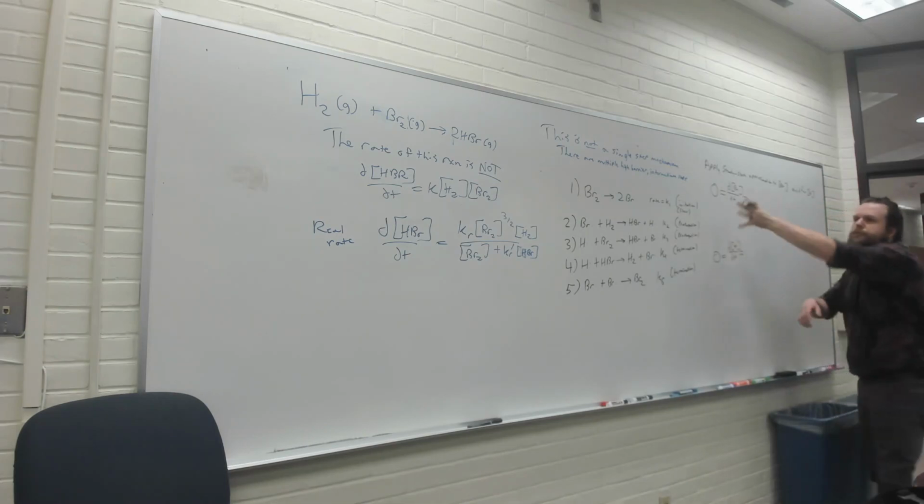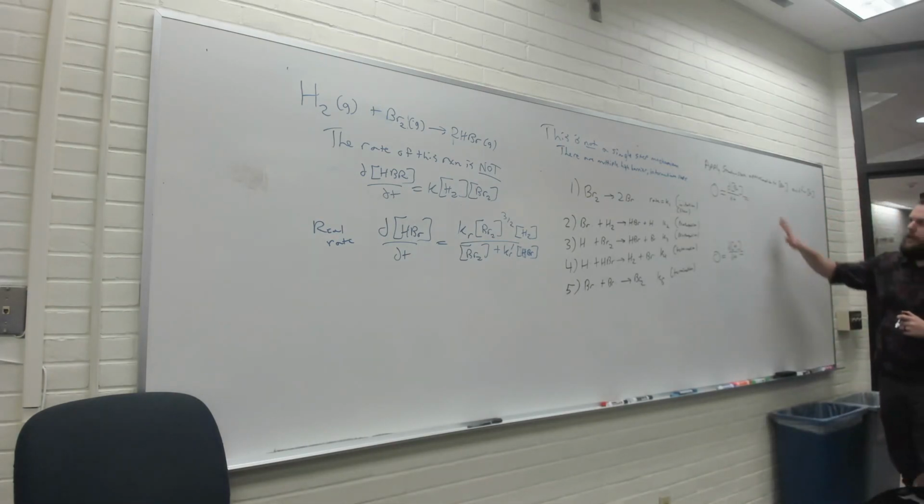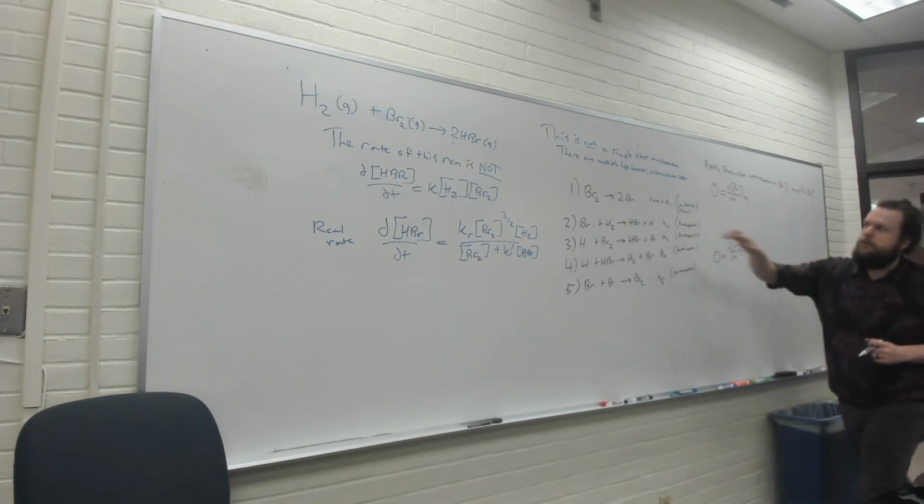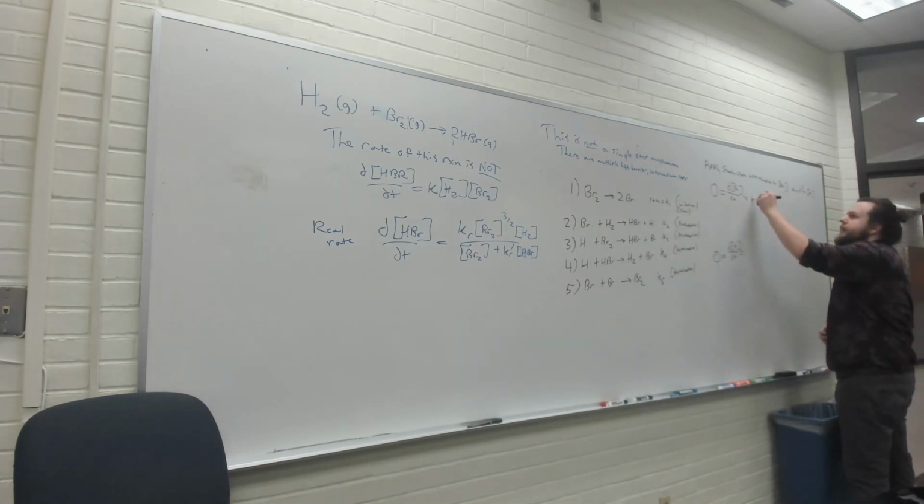Okay, so let's go through this mechanism and think about where bromine is getting created and where it's getting destroyed. For instance, it's getting created by k1 times the concentration of Br2.